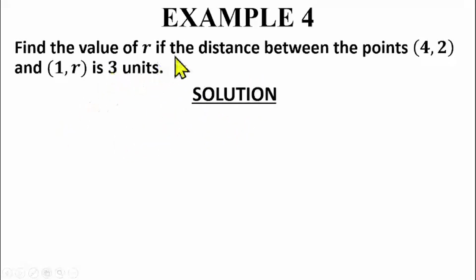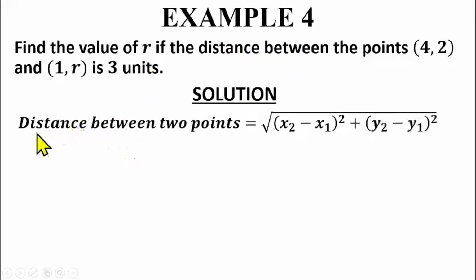You are given these two coordinates, and they told us that the distance between them is 3 units. So I will use the distance between 2 points, which is the square root of change in x squared plus change in y squared.